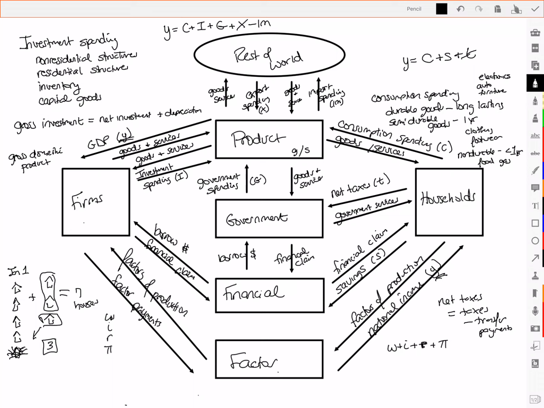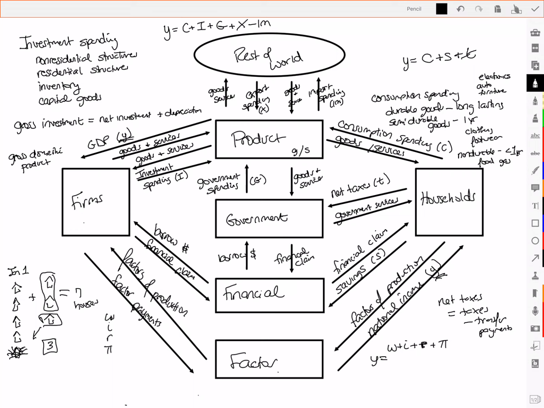So we can take our income that we get, wages, interest, rent, and profits, spend it, save it, get it in taxes, and because that money then gets used by other parts of the economy, spent on goods by households, businesses, government, and the rest of the world, we can measure the size of the economy at either point. So all of these Y's should be equal.